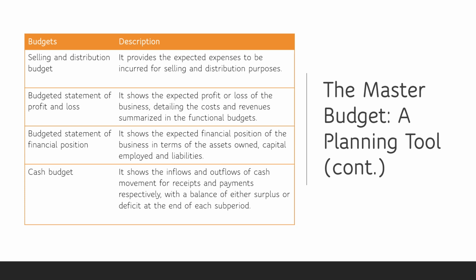And then the budgeted statement of financial position shows the expected financial position in terms of assets, liabilities, and capital. Last but not least, a cash budget. It tracks your cash inflows and outflows, showing if there is a surplus or deficit at the end of each period.